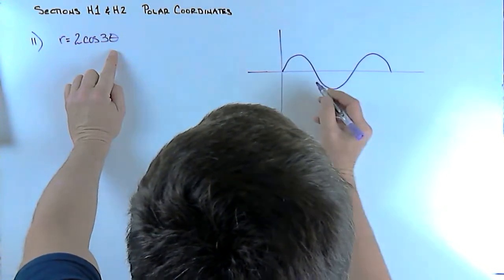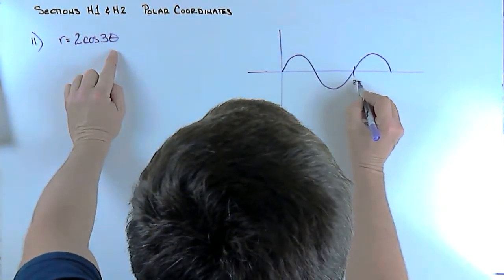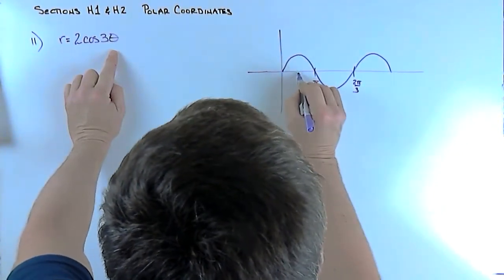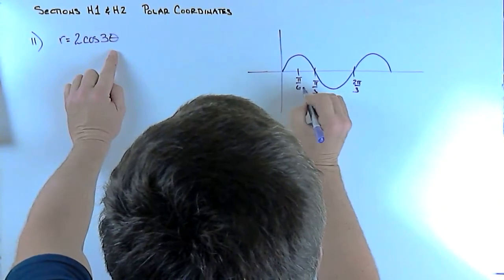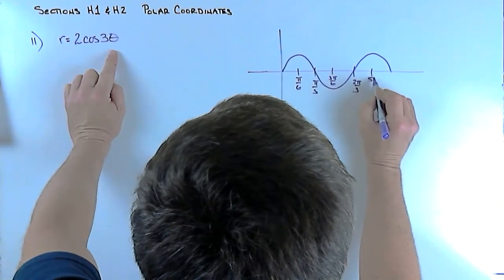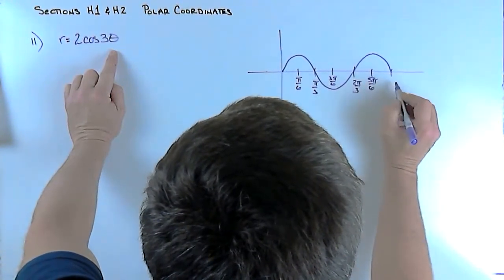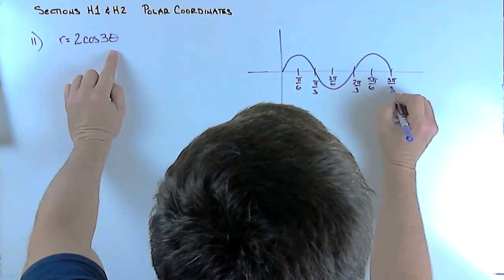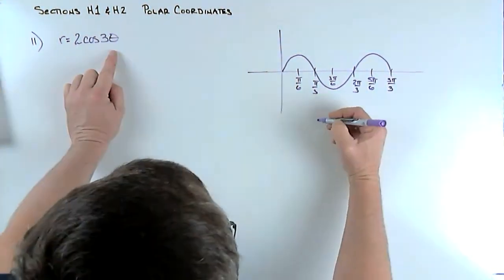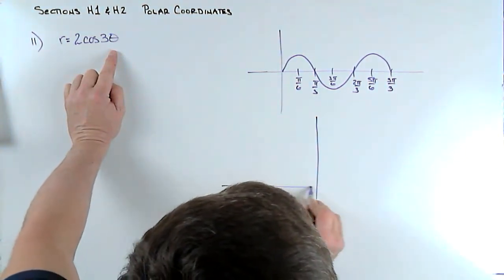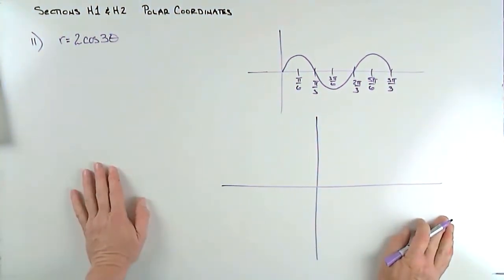What we said there was that this was 2 pi over 3. So this was pi over 3. This was pi over 6, 3 pi over 6, 5 pi over 6, and finally, this was 3 pi over 3, or pi. And when we drew the graph of this, we got a 3 petal rose.